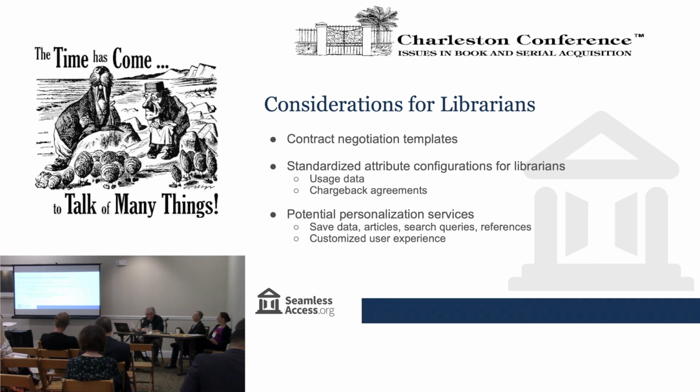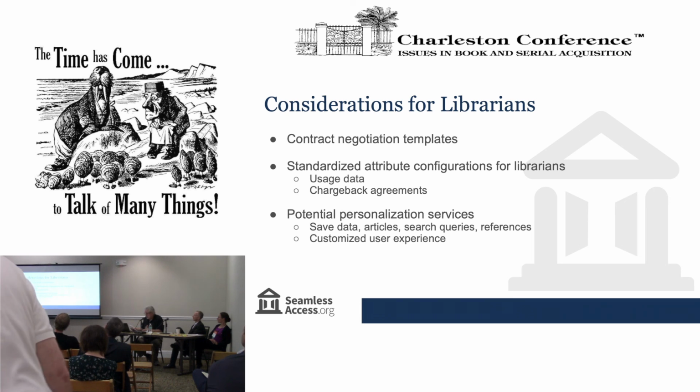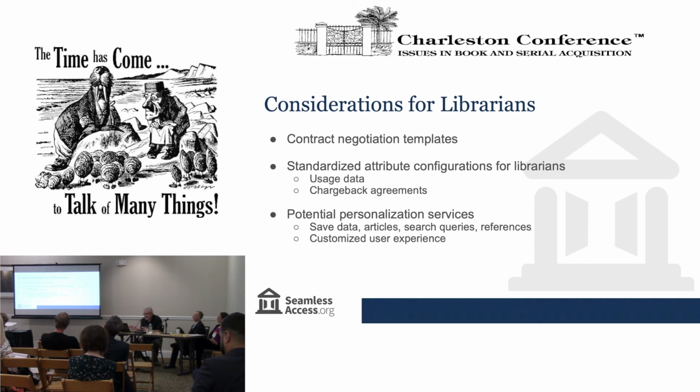So if libraries want to consider generating more granular data, that could be one use case scenario, if libraries want to target agreements and that type of thing. That's a work in progress, more to come on that. And two, about personalization, I understand there's a bit of an X factor there because there are concerns around releasing all that user information. But again, it's up to the institution how to approach this.